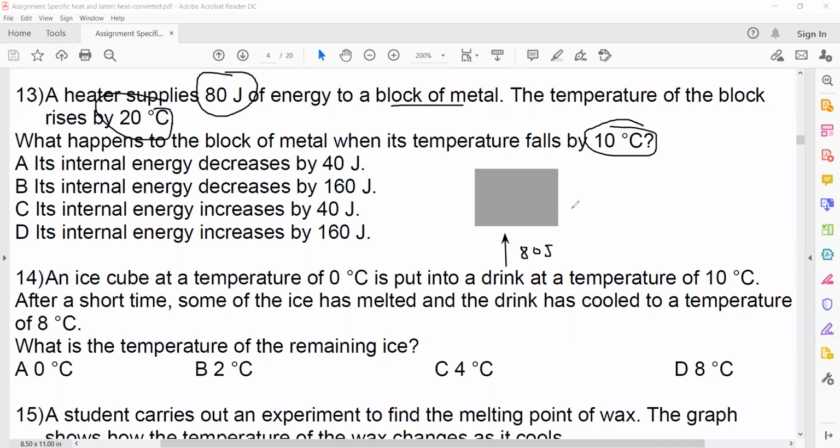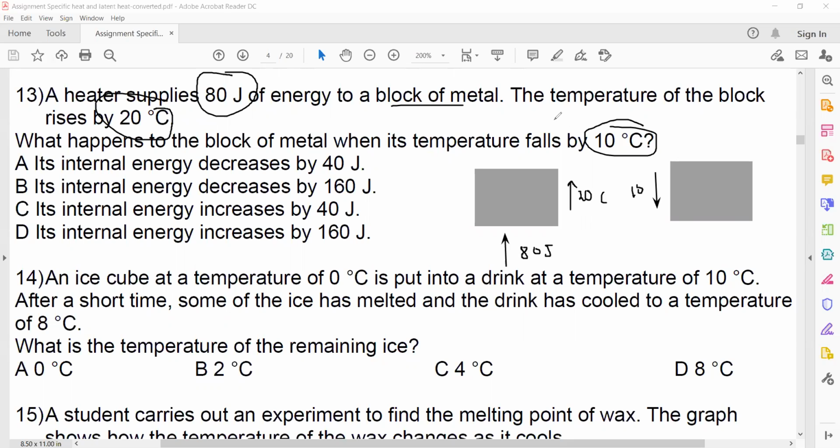In the question, they say you have the same block, but now the temperature falls by 10 degrees, like a decrease in temperature of 10 degrees.